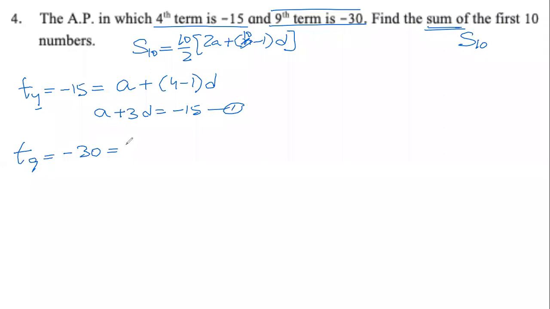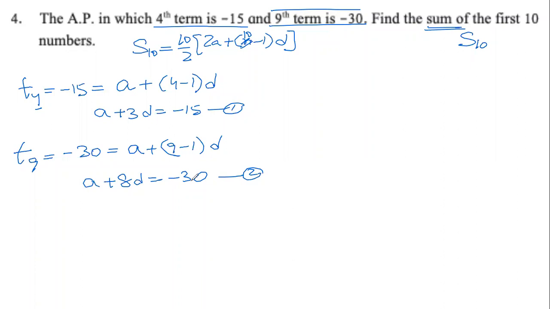Very good in the chat. So A plus 9 minus 1 into D. And when we simplify this, we get A plus 8D equals to minus 30. This is equation 2.